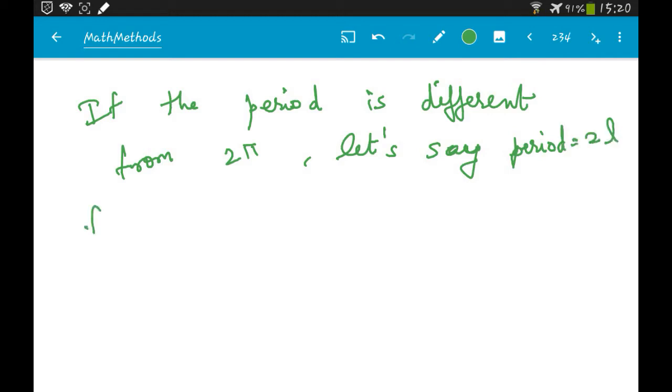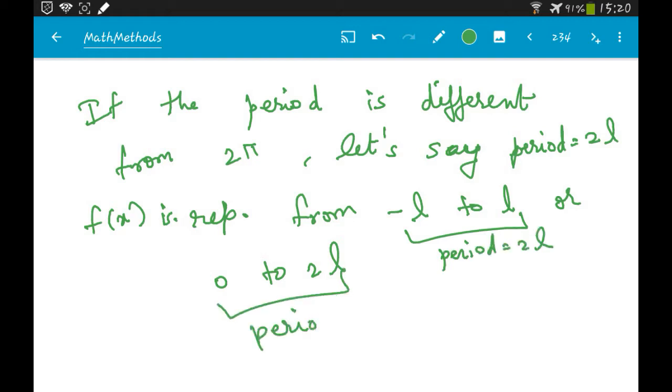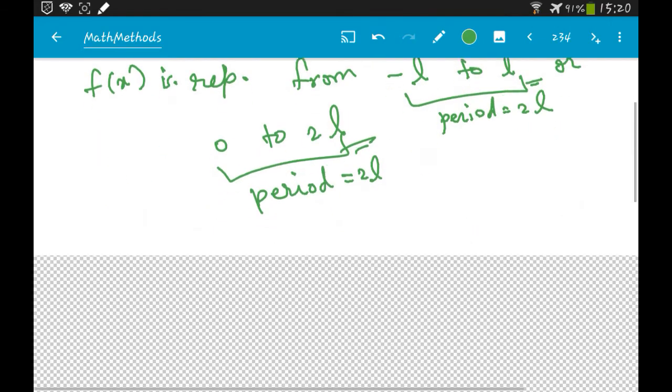So maybe the function is represented from minus L to L or 0 to 2L. In both of these cases, period is 2L. So after 2L, the function will repeat its pattern. In this case after 2L, and in this case after L, the function will repeat the pattern. So in both these cases period is 2L.